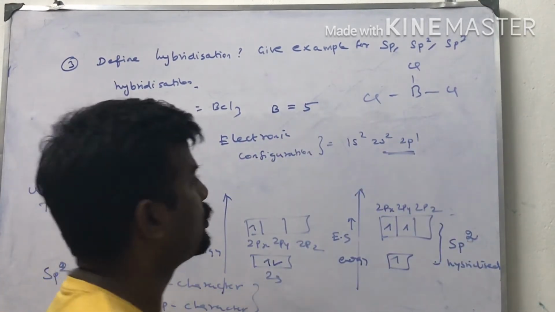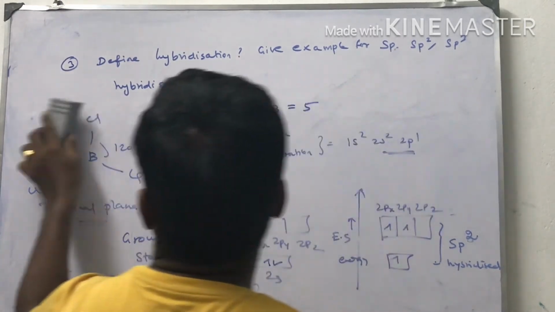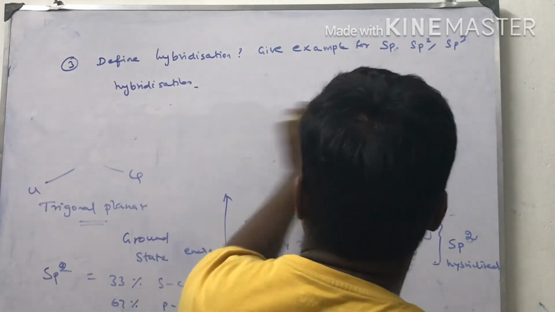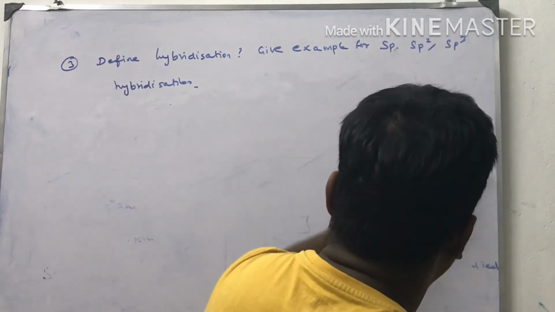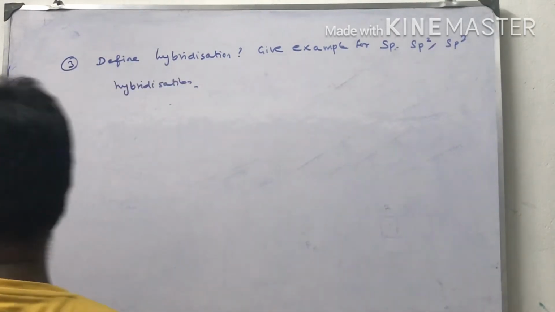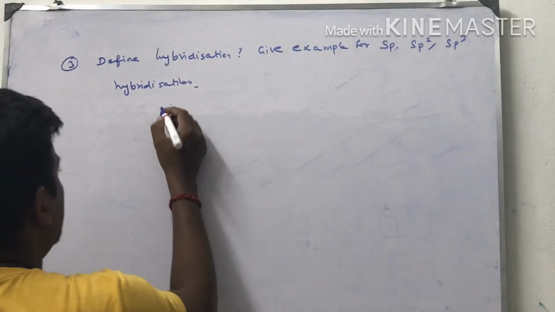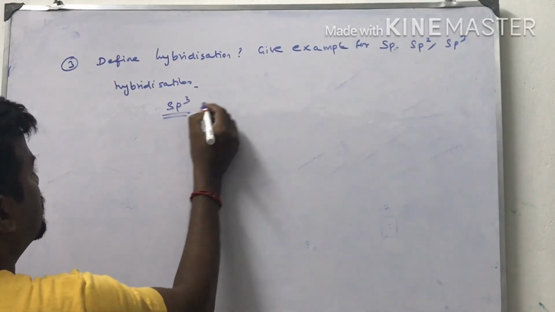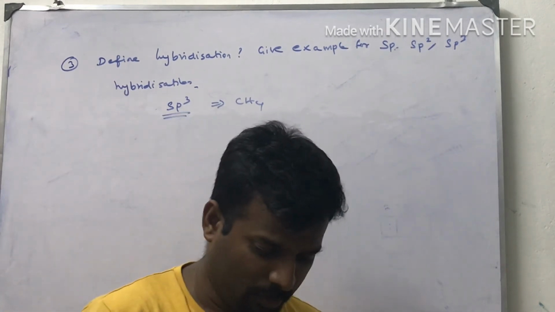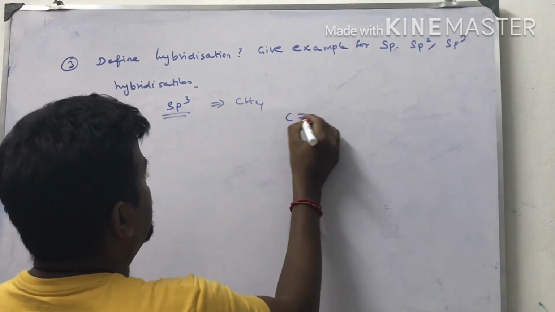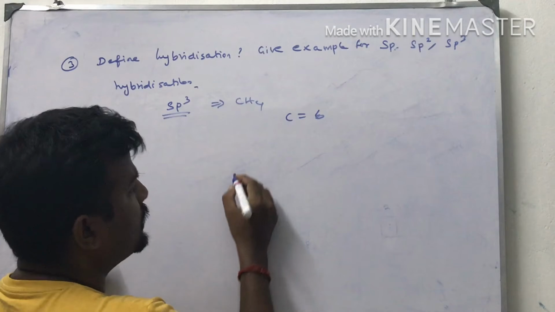Okay. Next point: sp3 hybrid orbitals. Example, methane. Methane is a very good example. Let us take carbon, atomic number 6.